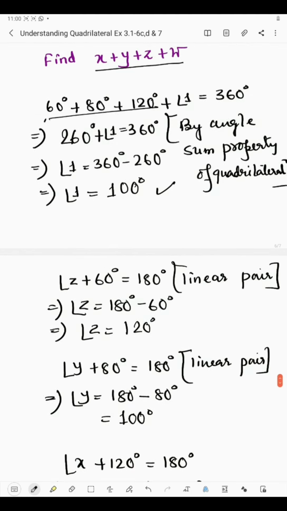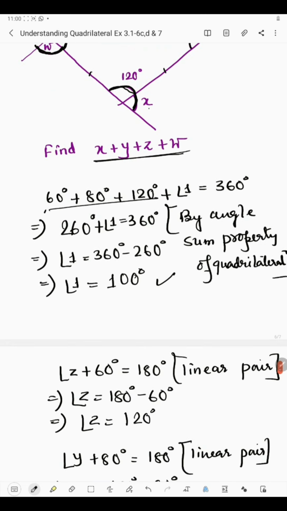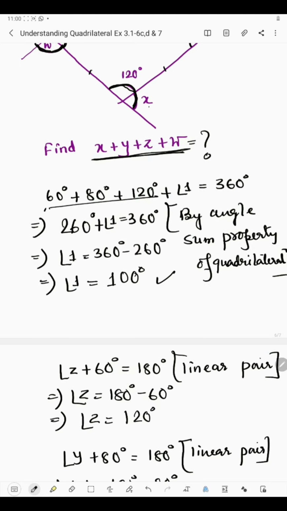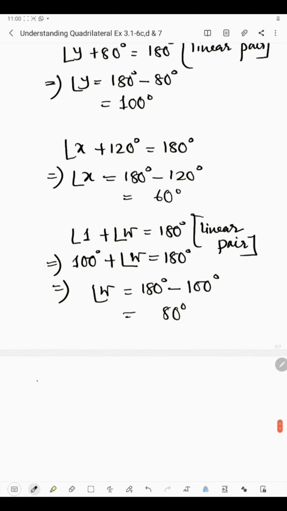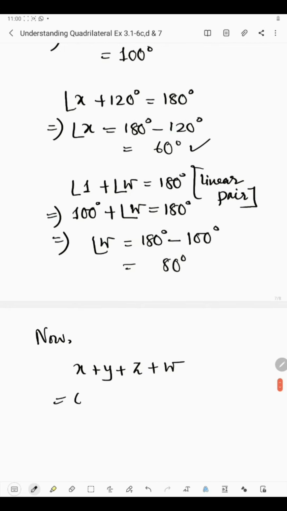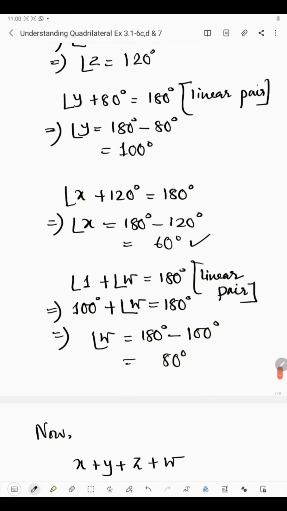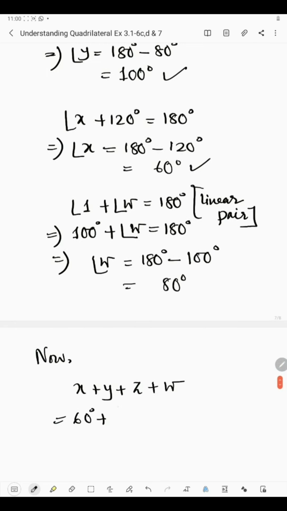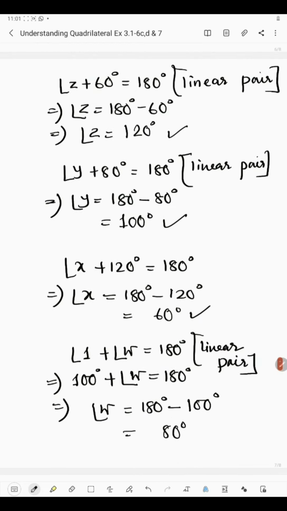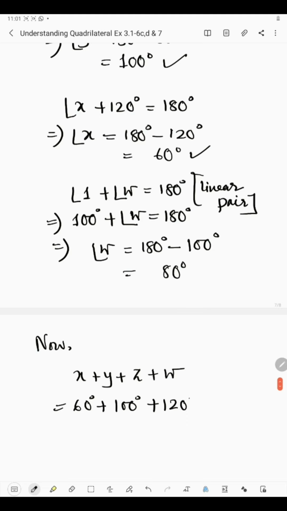Now we have got all the exterior angles. So we need to find the sum of all these exterior angles. So let us find that. x plus y plus z plus w is equal to, now x is 60 degree, then y is 100 degree, z is 120 degree and w is 80 degree.